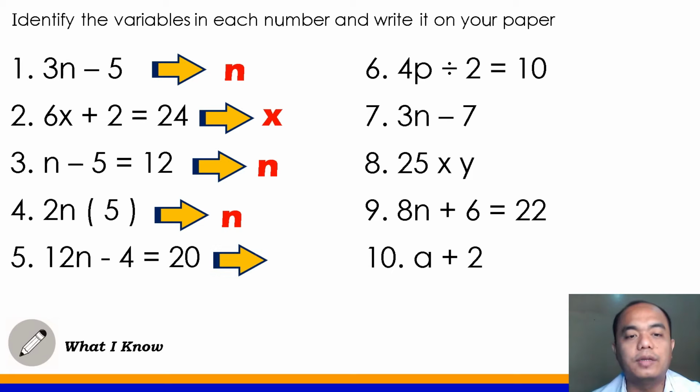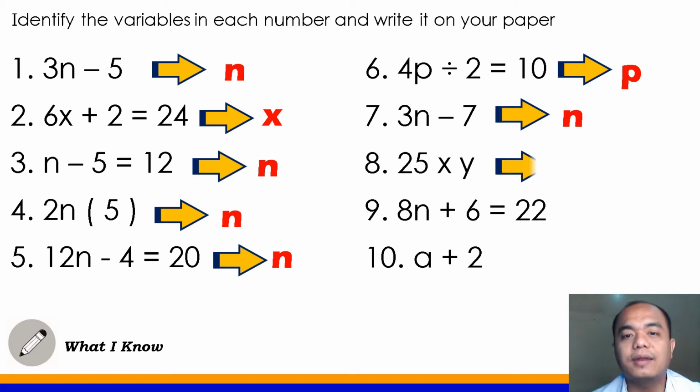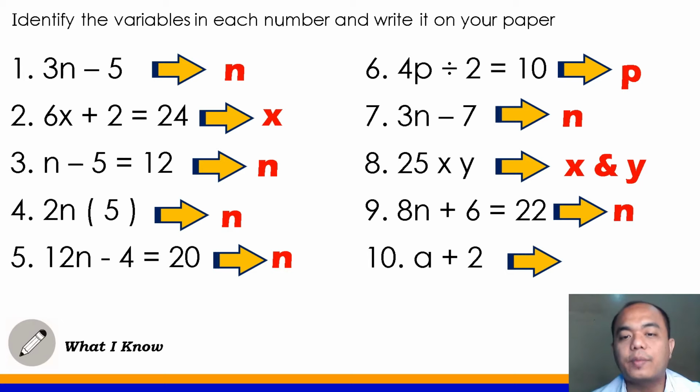N. Very good. Number 5, it's N. Number 6, the variable is letter P. Number 7, the variable is N. Number 8, the variables are X and Y. Correct. Number 9 is N. And number 10, it's A.